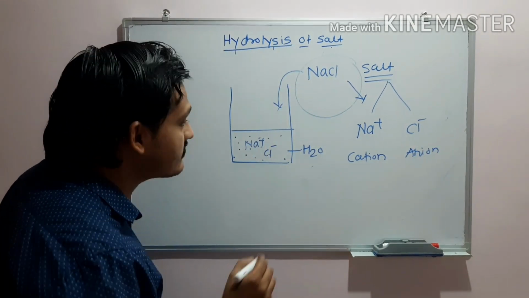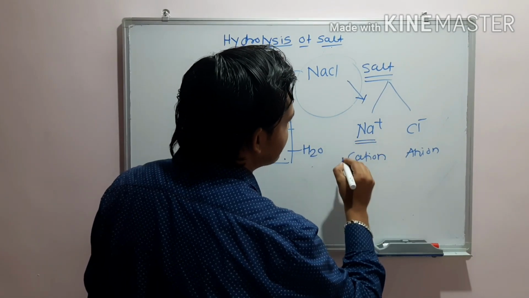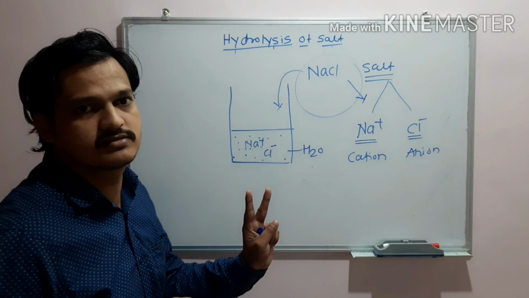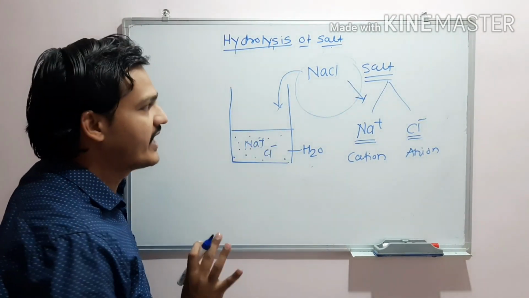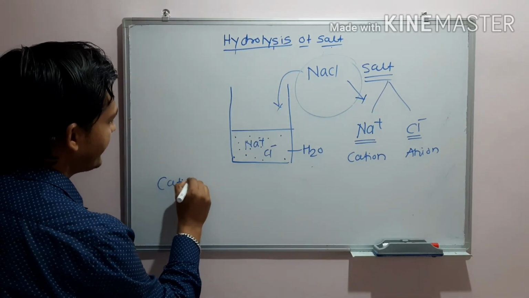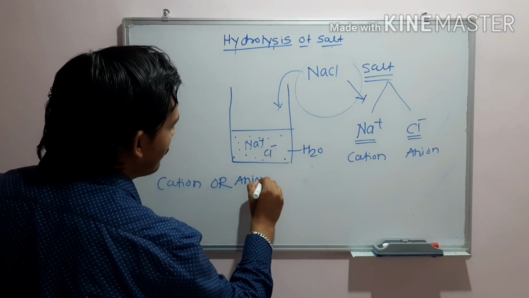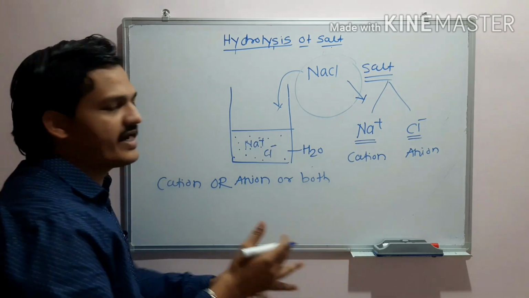So hydrolysis tells us that this cation or this anion or both the ions react with water. Both the ions means cation and anion.